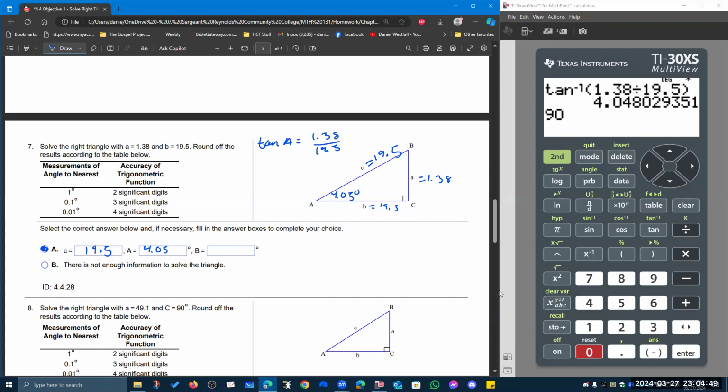And 90 minus 4.05 is, again, we're going to go to 3 significant digits, so this is about 86.0.